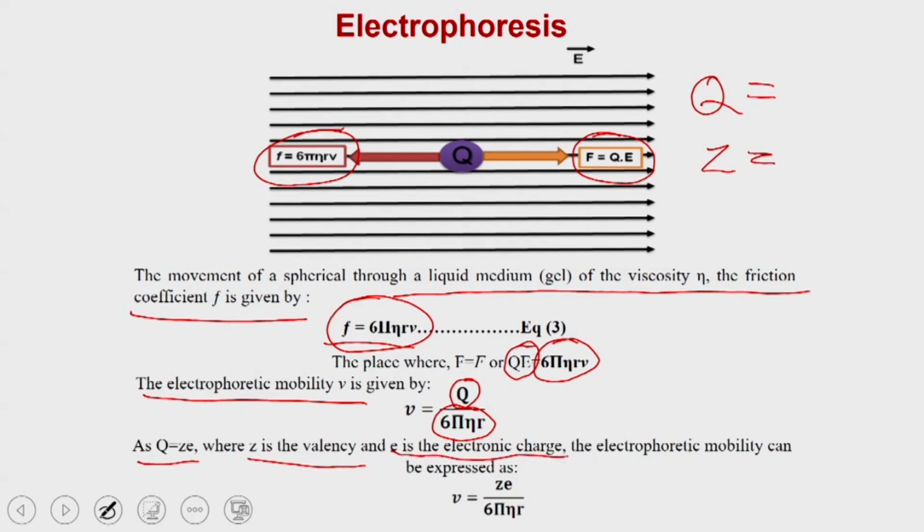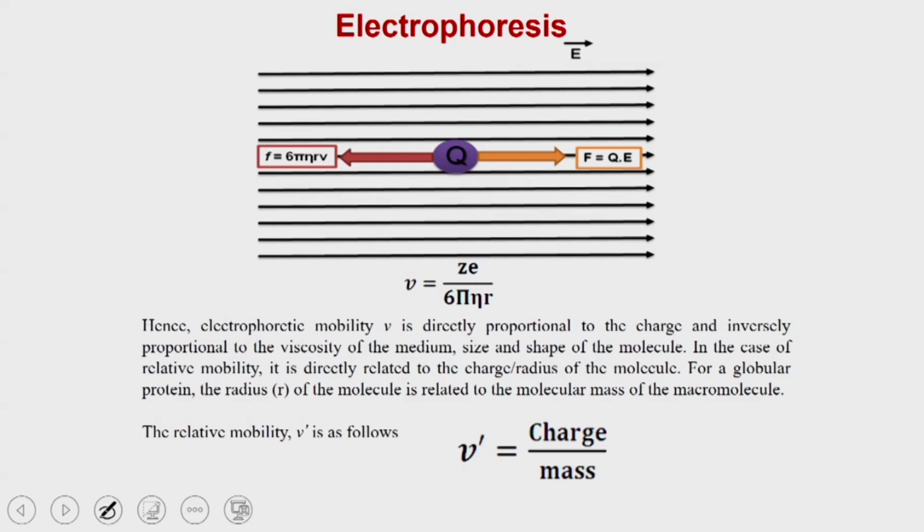Then you can write the electrophoretic mobility as Ze divided by 6 pi eta r. Hence, the electrophoretic mobility v is directly proportional to the charge and inversely proportional to the viscosity of the medium, and the size and shape of the molecule.